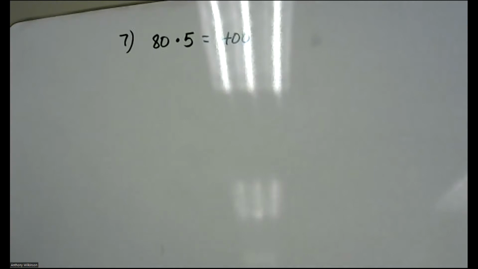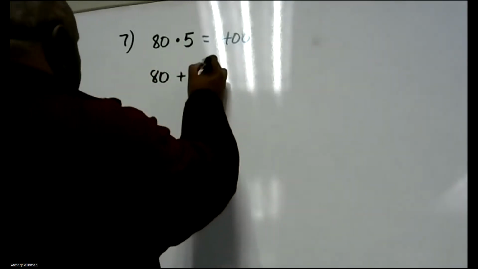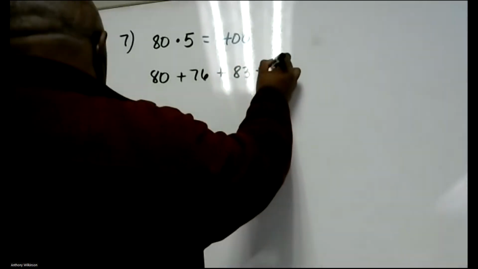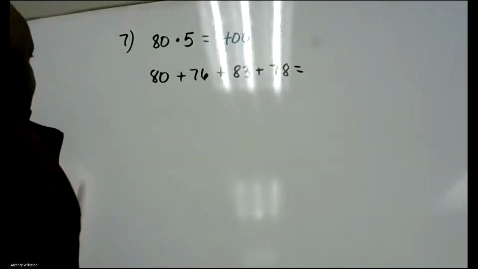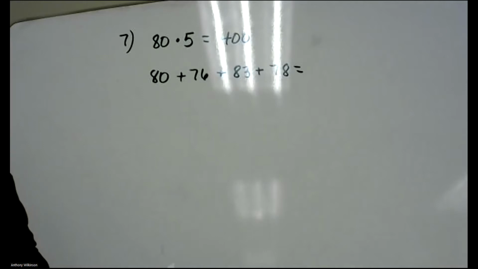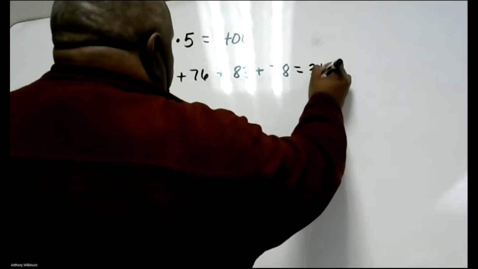And she already has an 80, a 76, an 83, and 78. This sum adds up to what, 317?